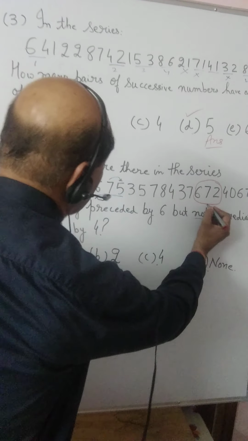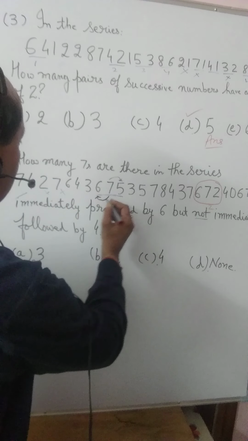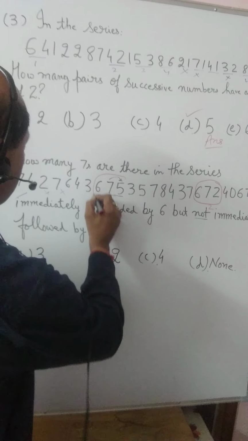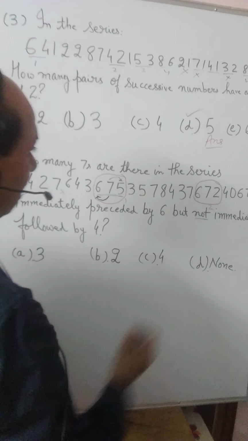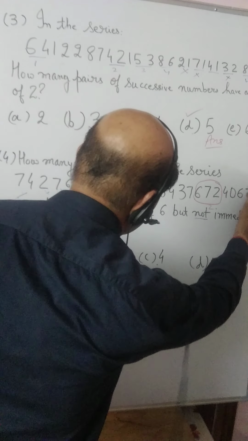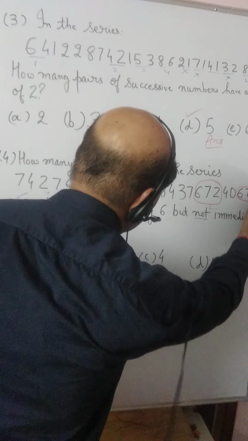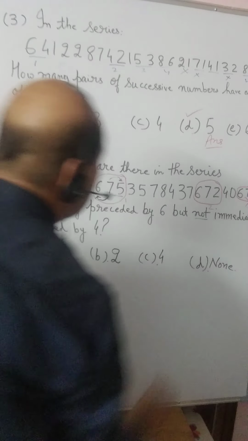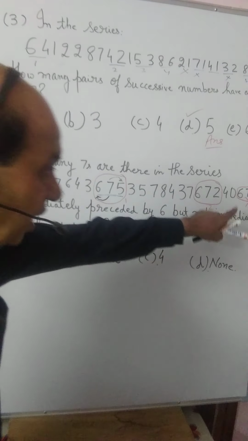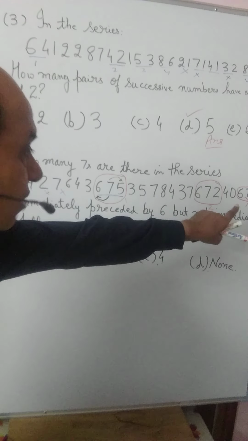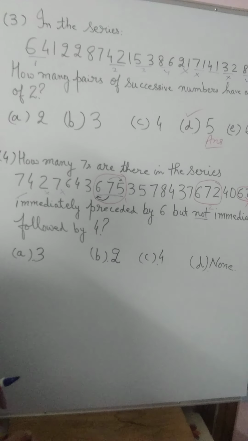So this is our second one. The first is this, and the other is rejected because here 7 has a succeeding number 4, which we don't want.